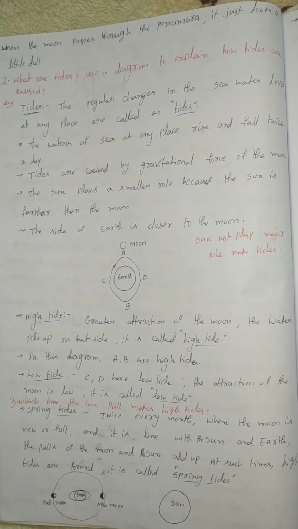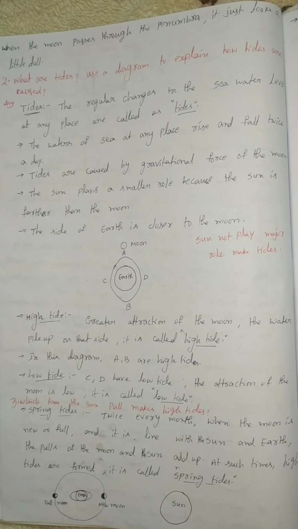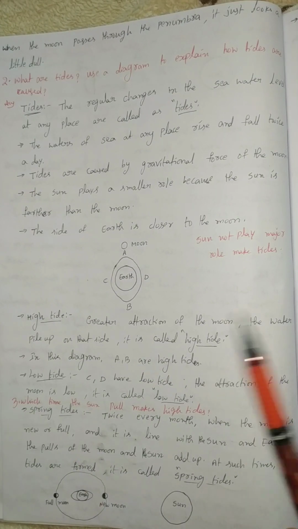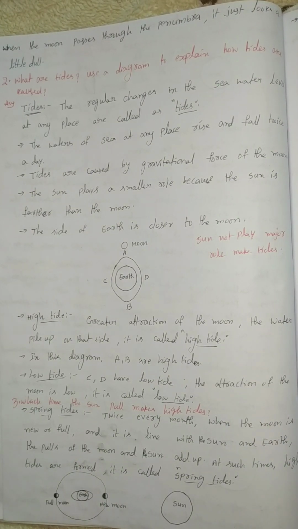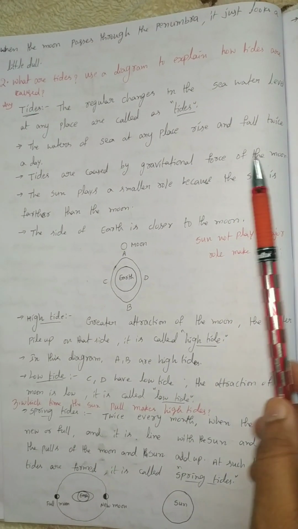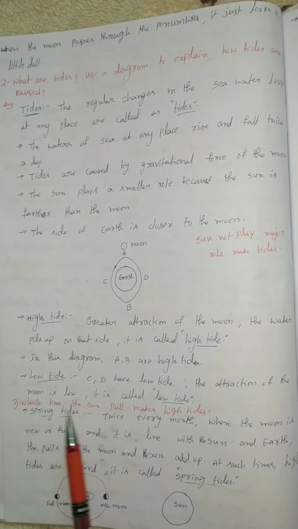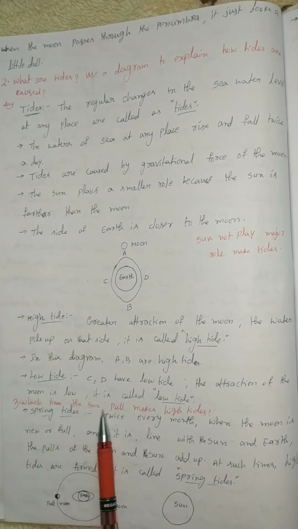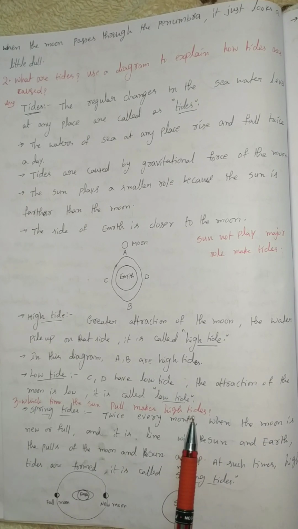Next question, at which time does the sun's pull make high tides? We know that tides occur because of the gravitational force of the moon. But in this question, what they asked is at which time the sun's pull makes high tides.